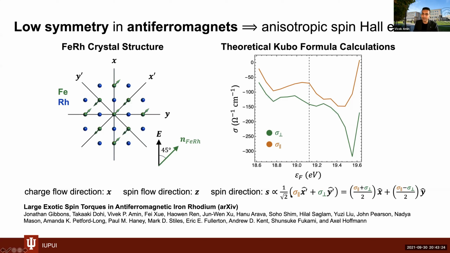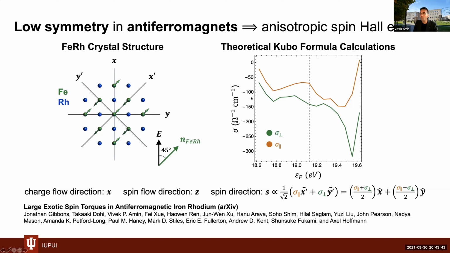A spin current flowing out of plane, so here in the Z direction, that has a spin which is aligned with the Néel order and a spin which is transverse to the Néel order. Okay, and what we did here using the Kubo formula is calculate the contribution from those two different spin currents.